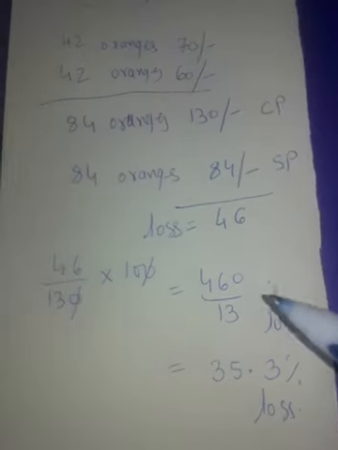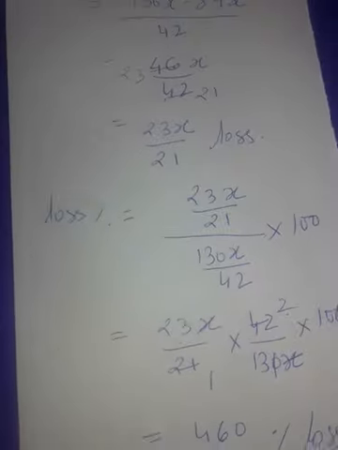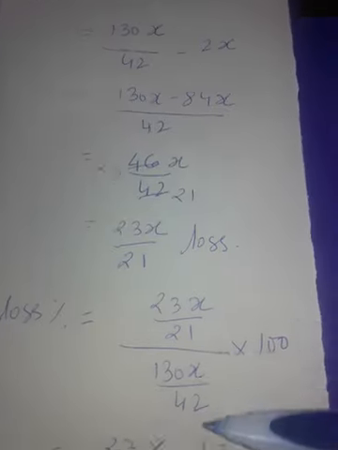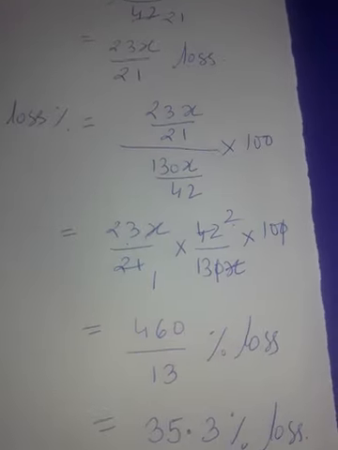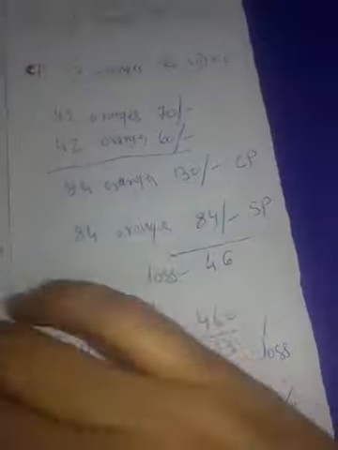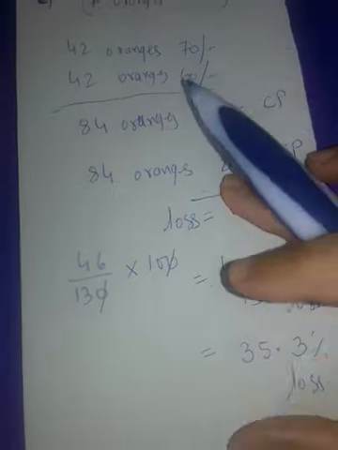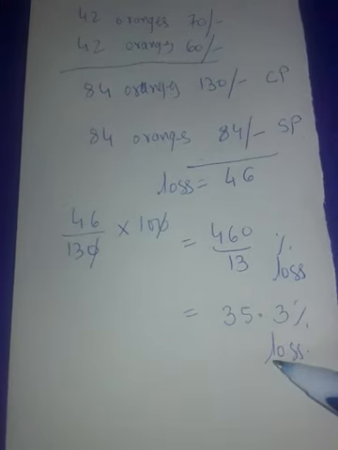So it became very easy with the LCM method. We solved it by assuming x, but it included many fractions. Instead of that, when we solved it using LCM method, in 3-4 lines we got the answer.